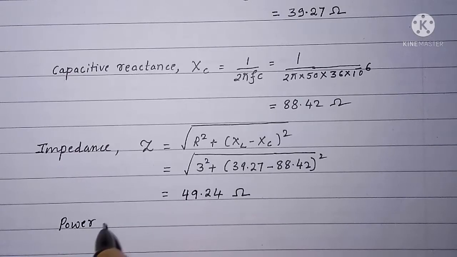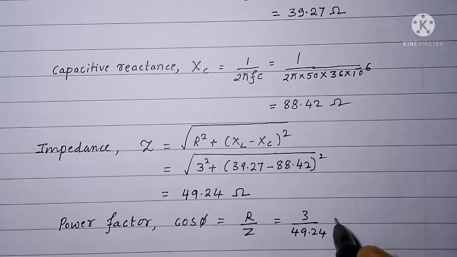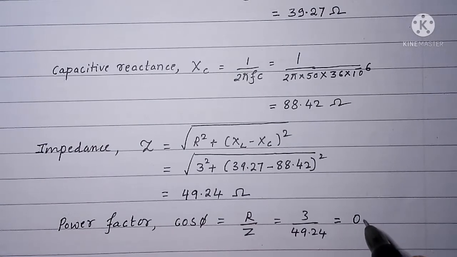Now we can calculate power factor. Power factor cos phi is R by Z, that is 3 divided by 49.24, that is equal to 0.06.